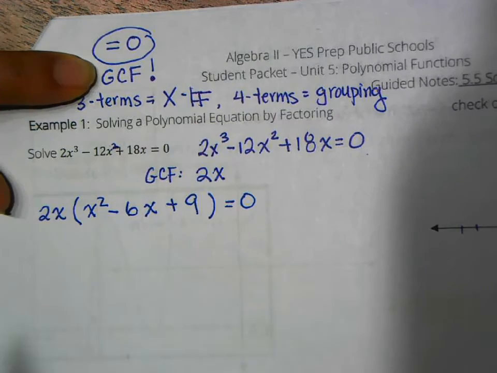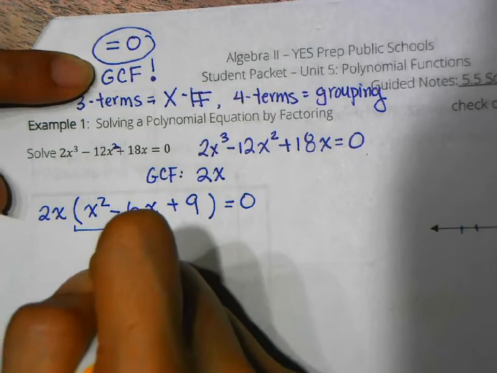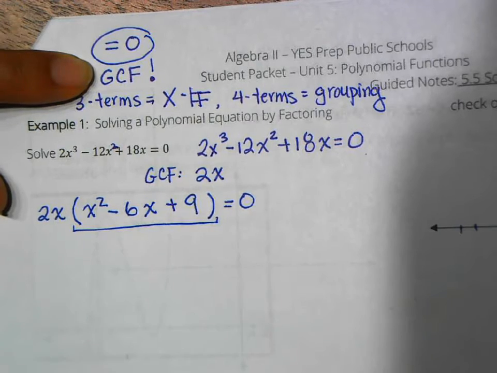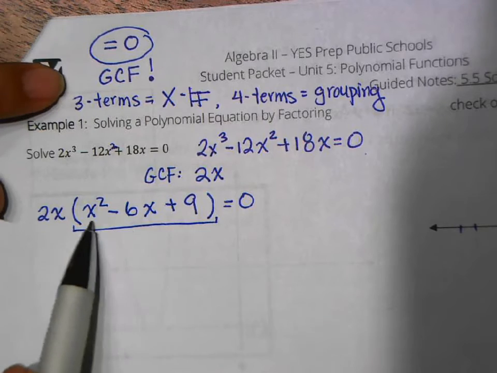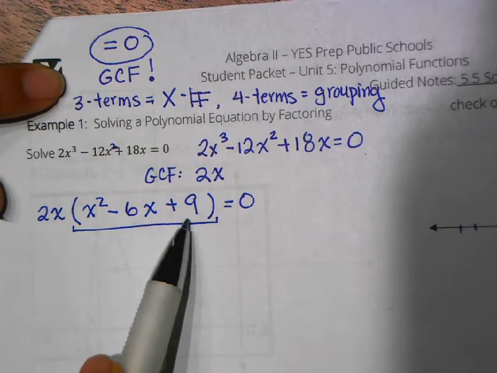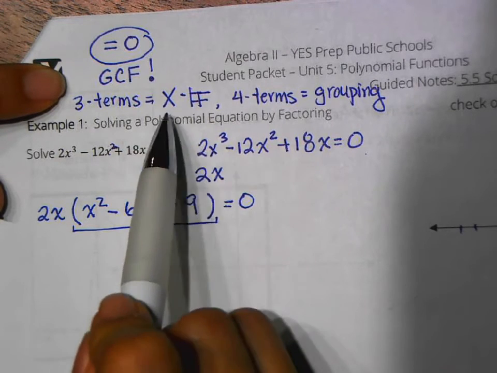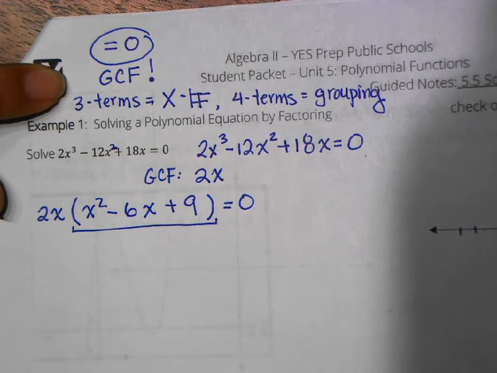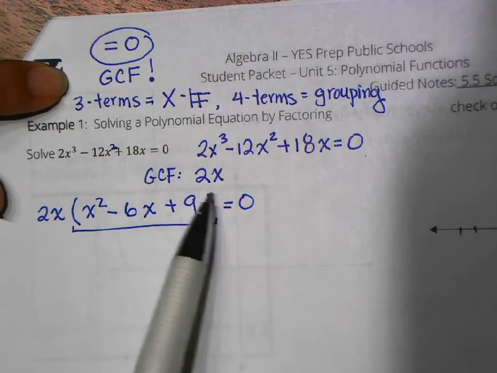Now, at this point, you're going to want to factor x squared minus 6x plus 9. Two things you notice. One, it has 3 terms: x squared, minus 6x, plus 9. So you could definitely go with an x box and see if that would help you factor it out. Now, some of you might have noticed that this is a perfect square.